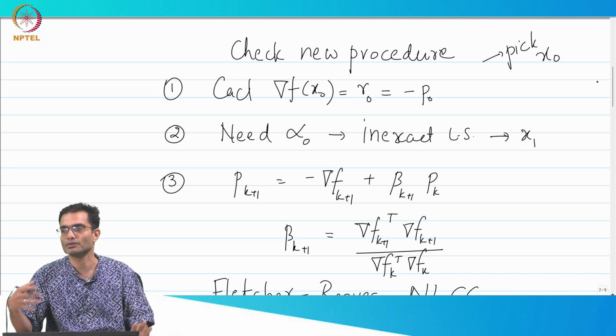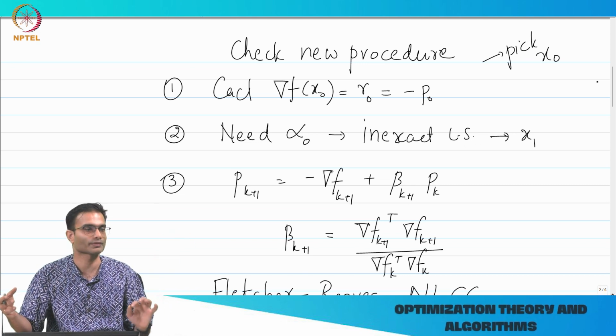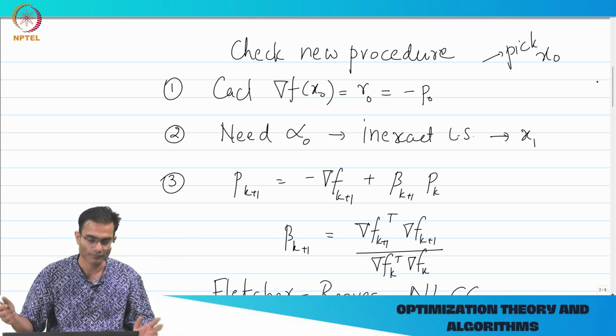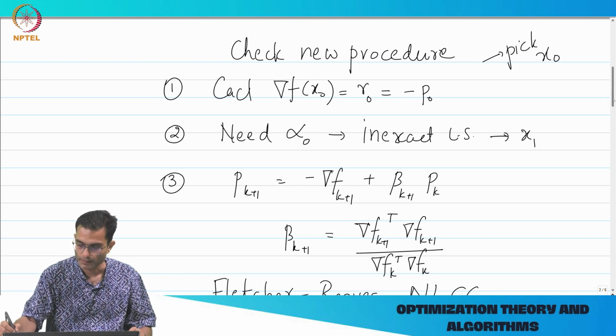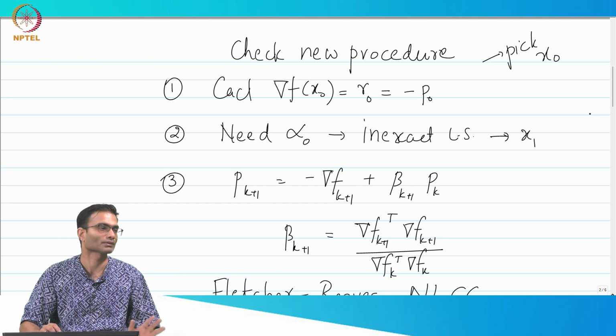If you use a numerical linear algebra library, they'll give you headers for all of these different versions for you to try out. So this is, in a nutshell, your nonlinear CG method.